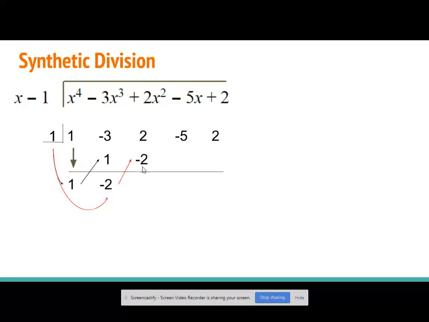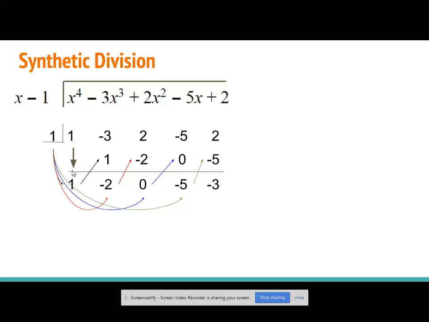I'm going to write the -2 right here and add. 2 plus -2 is 0. I'm going to keep this process going. 1 times 0 is 0. -5 plus 0 is -5. 1 times -5 is -5. 2 plus -5 is -3.